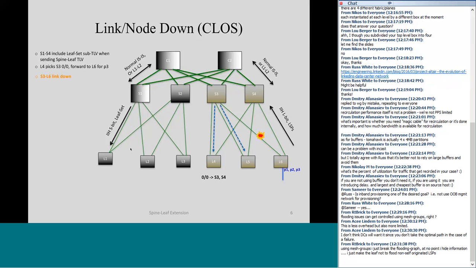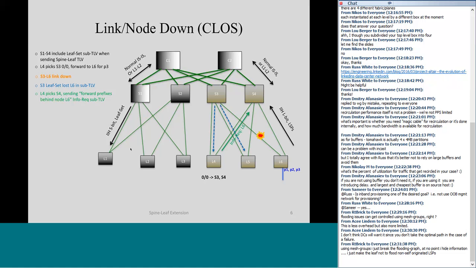S3 will send the information saying, I actually only have the leaf set of L4 and L5. But S4 certainly still advertises, I'm connected to L4, L5, and L6.